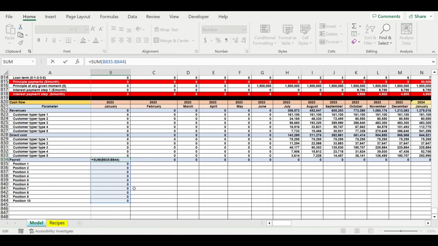Now we'll extrapolate this formula to the right.